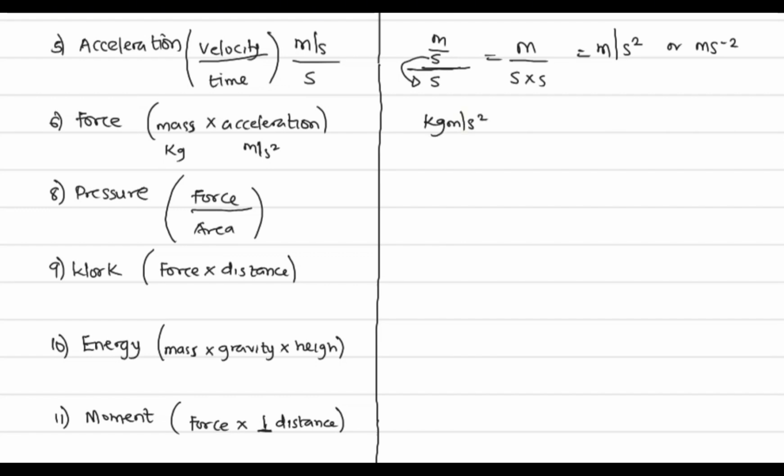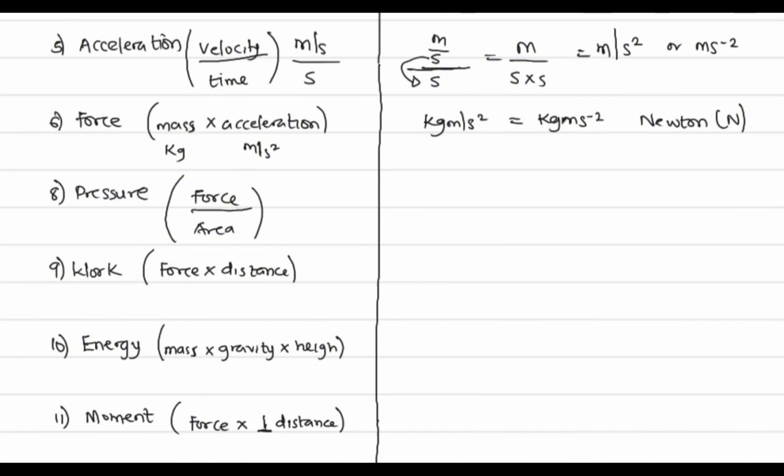This can also be written with indices as kg m s to the power -2. But we have another unit for force, which is Newton. So when they see kg meter per second square, that is force. When they see Newton, that is force. You can write 20 N, 30 N, that is 30 Newton. That's force actually. Then we have pressure.